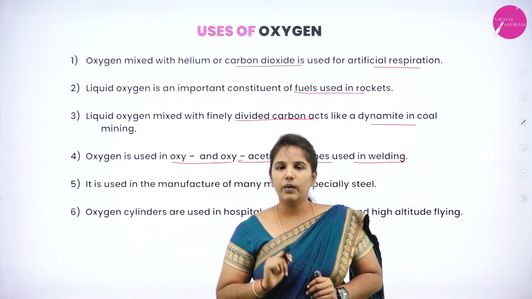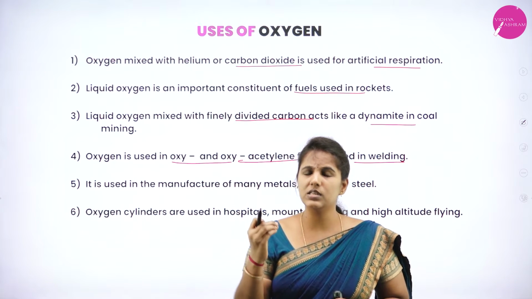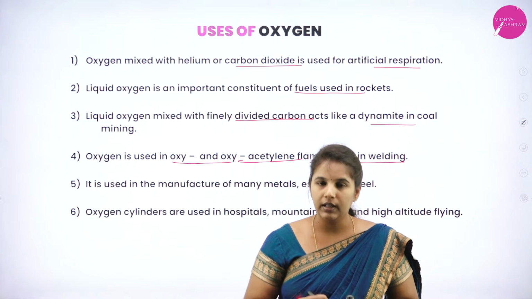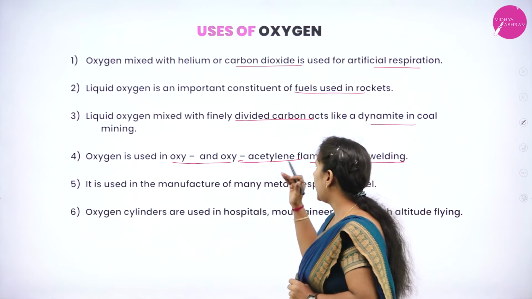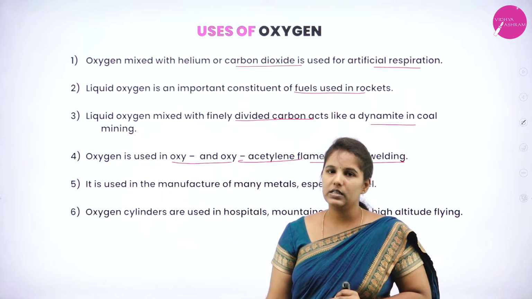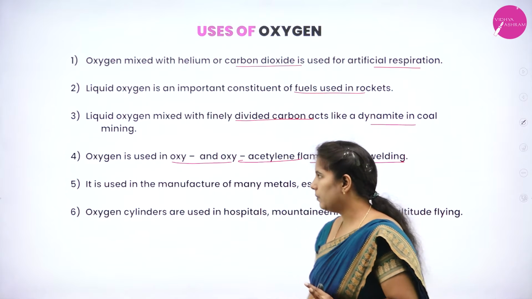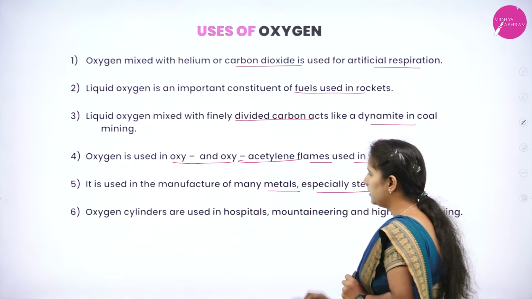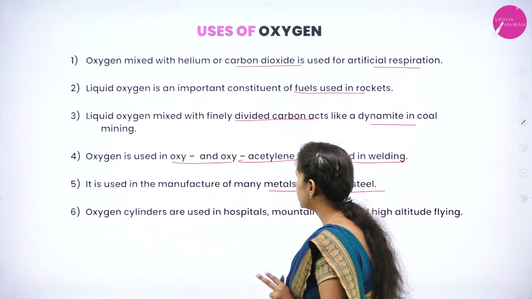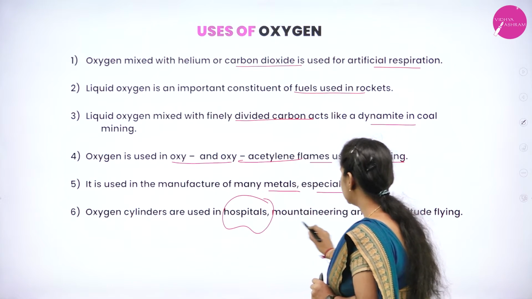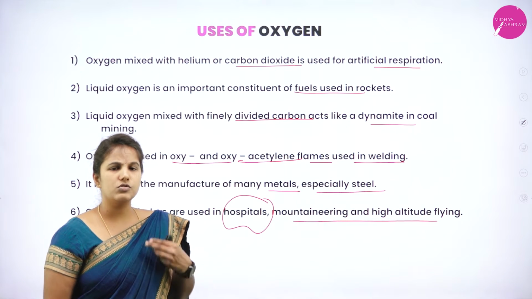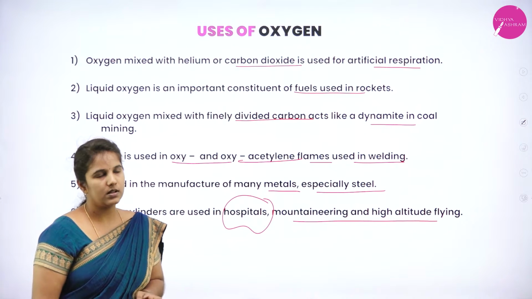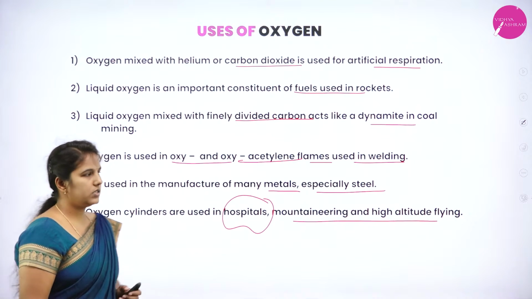You would have seen that while welding, the flame is very hot, mainly because of the oxyacetylene flame, one of the hottest flames. It is used in the manufacture of many metals, especially steel, and oxygen cylinders are used in hospitals, in mountain climbing at high altitude, as well as in flying. So these are the uses of dioxygen.